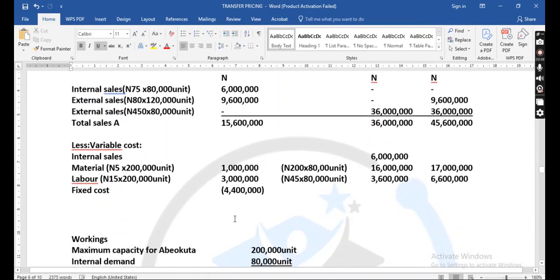7,440,000. So let's call this internal transfer sales, right? It will not affect the group, just like the other one. So this is 7,440,000.